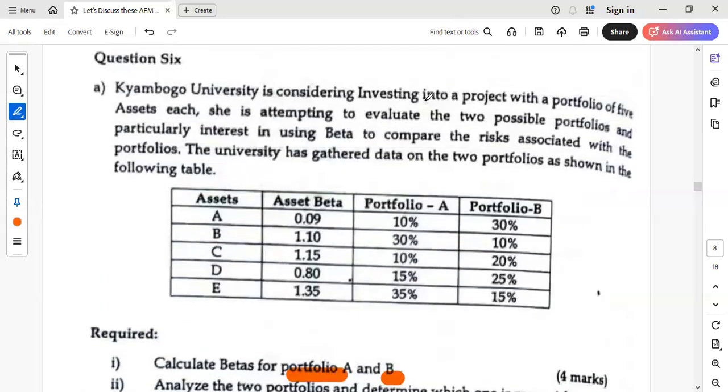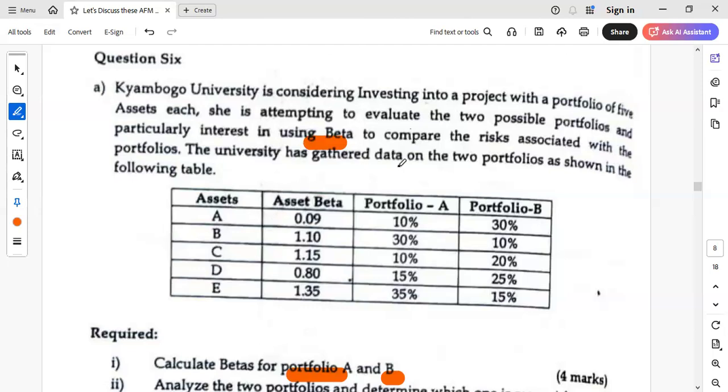So what are we given? We are told that Tambogo University is considering investing into a project with a portfolio of 5 assets each. She is attempting to evaluate, particularly interested in using the beta to compare the risks associated with the portfolios.